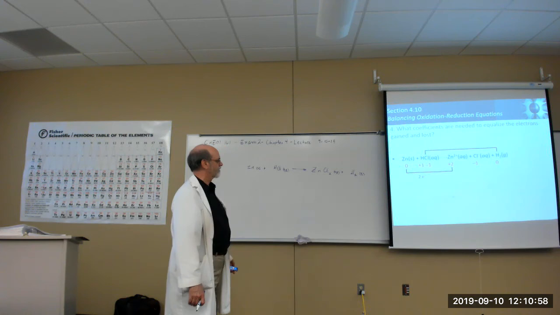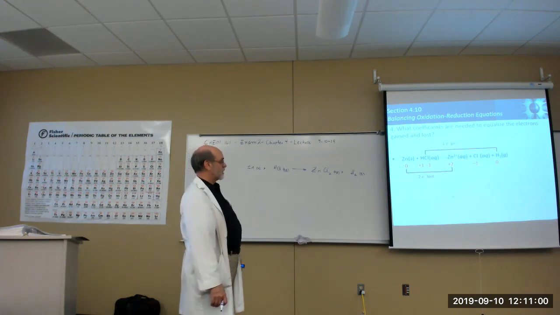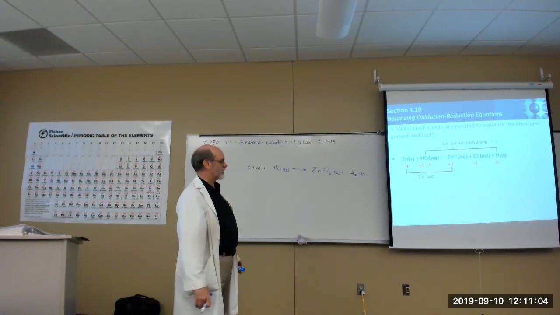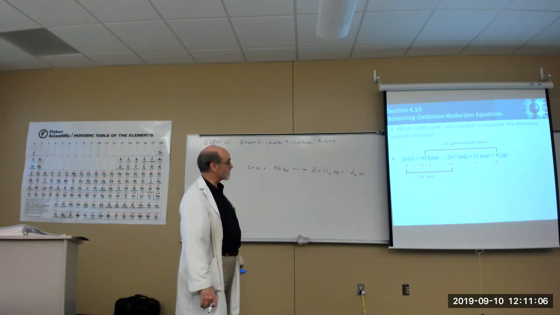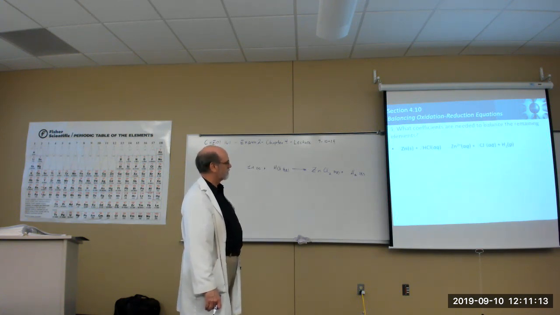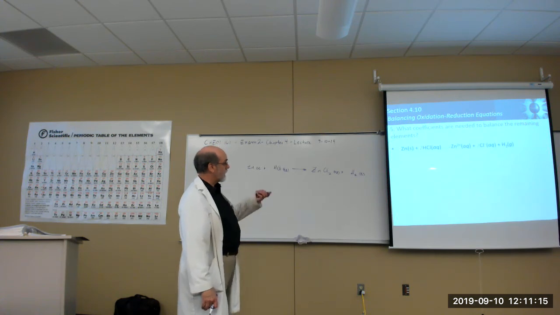Okay? You have to lose and gain the same amount of electrons. So we're going to multiply this by 2. That means we need 2 HCl. And since we had 2 HCl to give us 2 of these for the balancing electrons, we also have to have 2 chlorides.